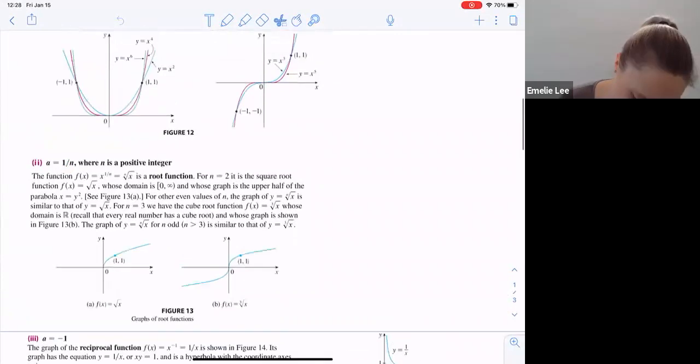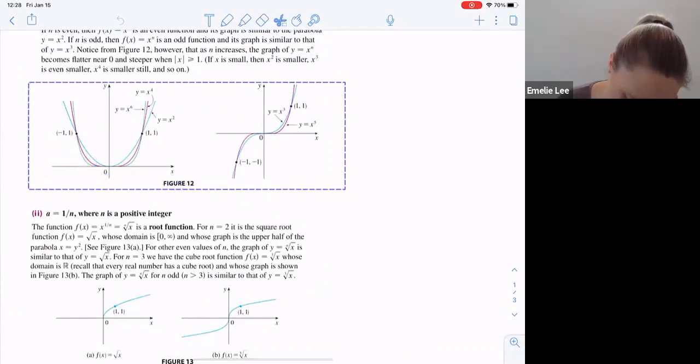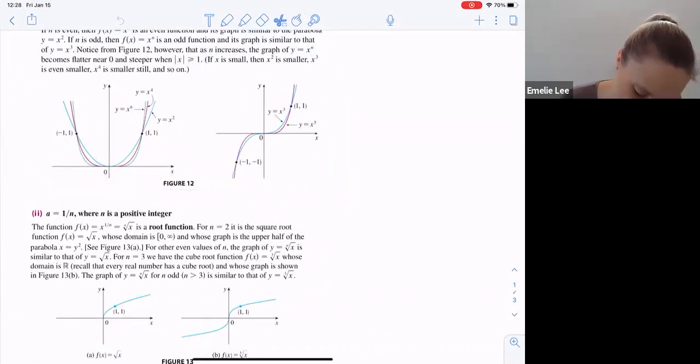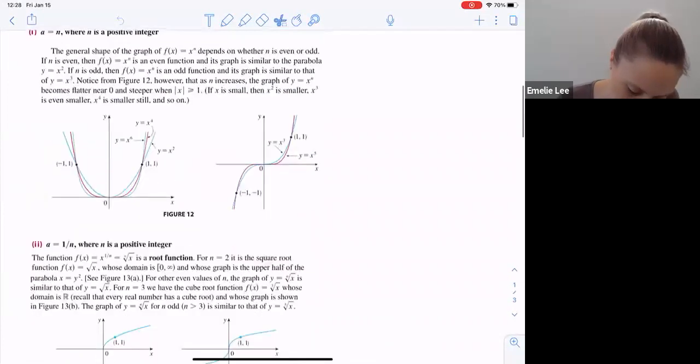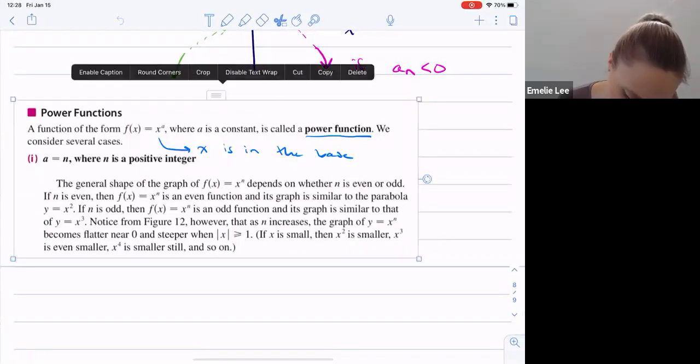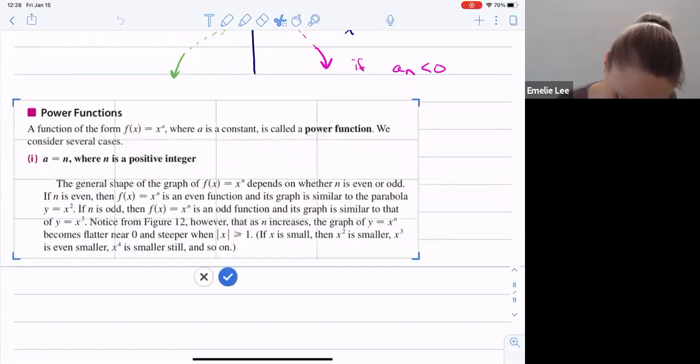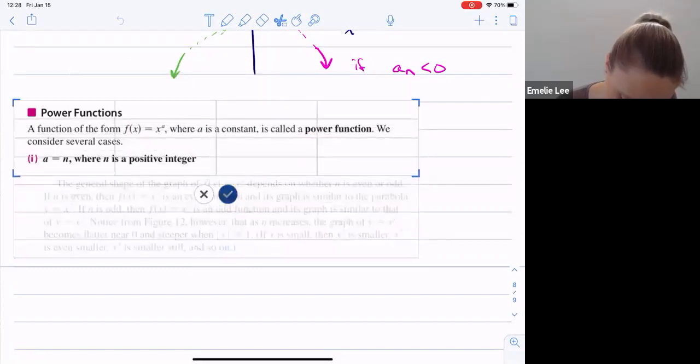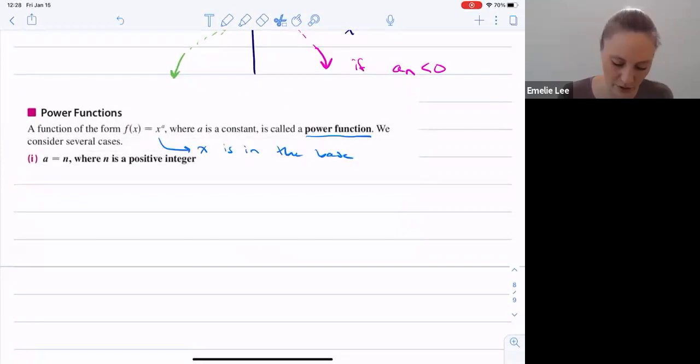So, I guess I didn't bring this in earlier. You know what? I'm gonna condense our notes a little bit. I'm going to cut this there. It's in your notes.